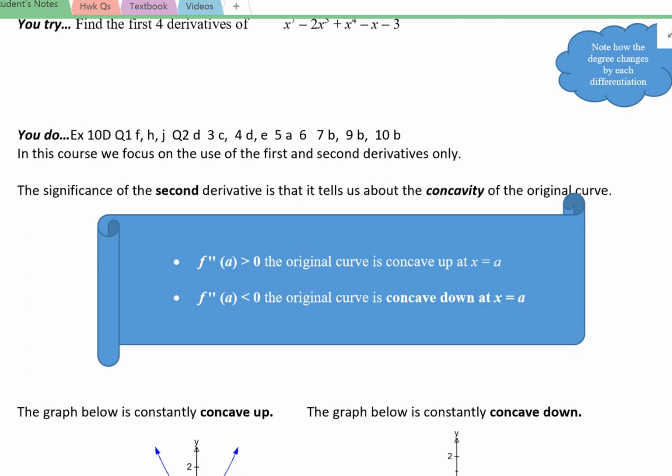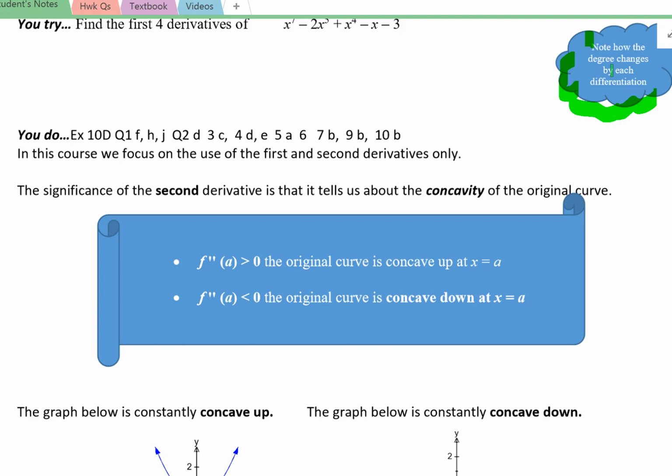In exercise 10D, I'm not sure if you would have picked it up or made the observation that each time you differentiate, the degree, which is just the highest power in the expression, decreases by 1.